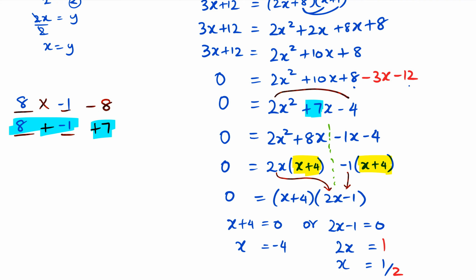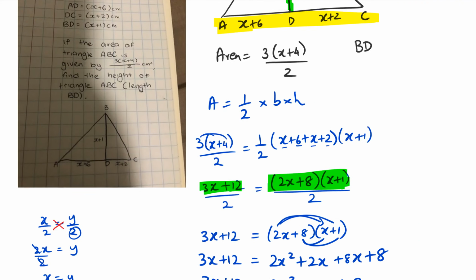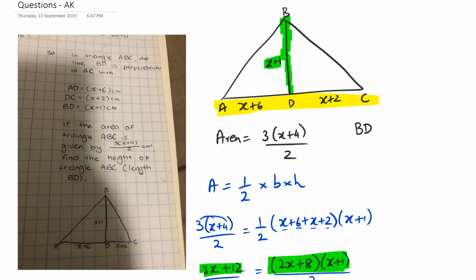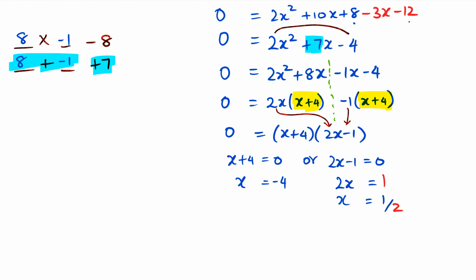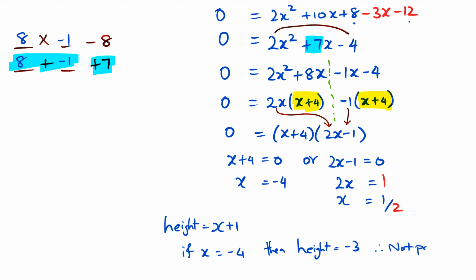Now if we go back and look at the question actually asked, what is the height of the triangle ABC? That's the green part we're looking at, which is x plus 1. So we've got two possible answers. Height equals x plus 1. If x equals negative 4, then height equals negative 3, so this is not possible.